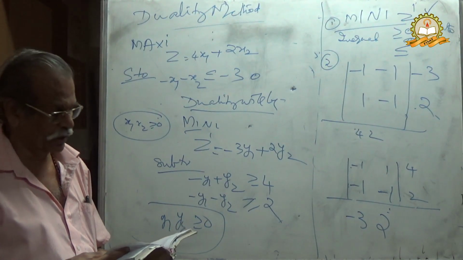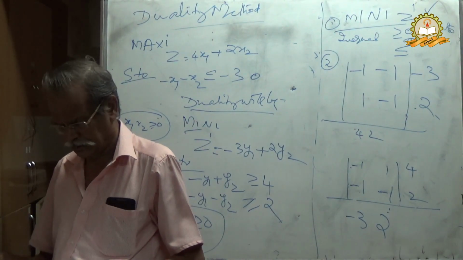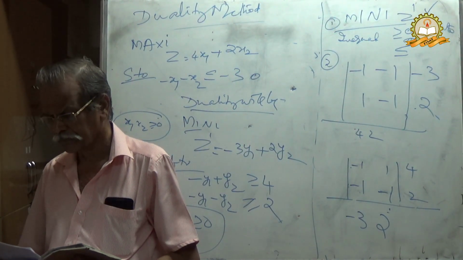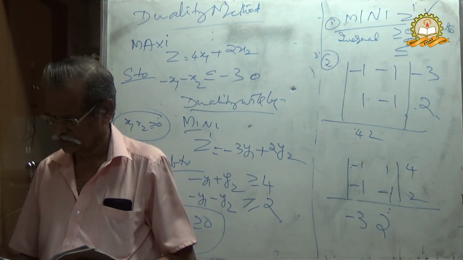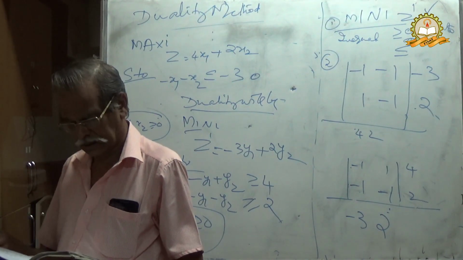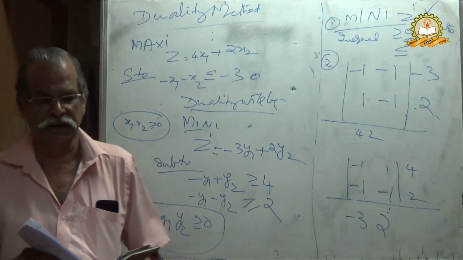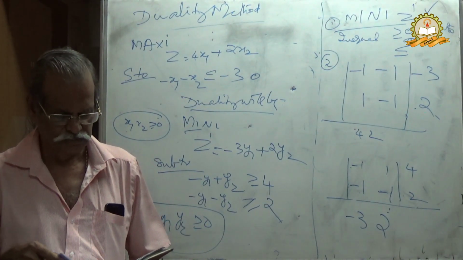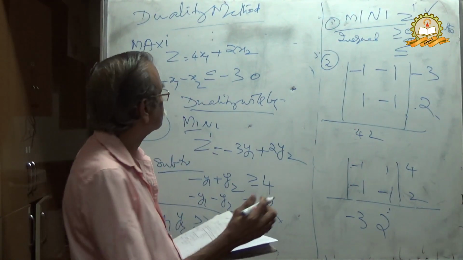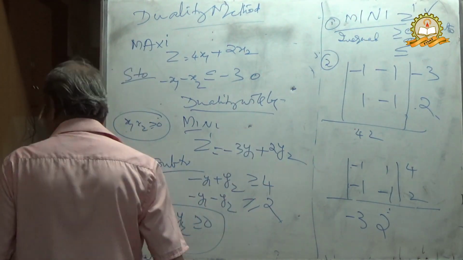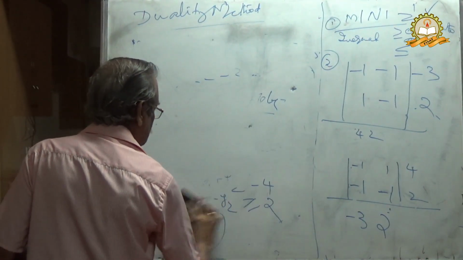And the question will be: solve the following LPP by dual simplex method. Minimize z equal to 2x1 plus x2.